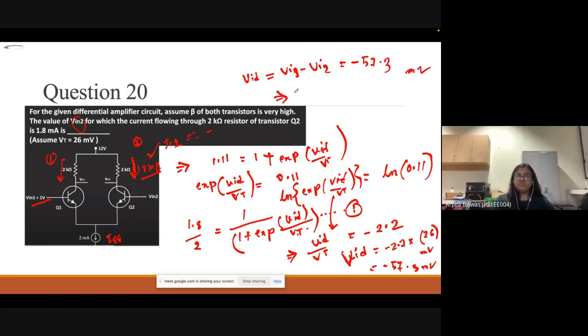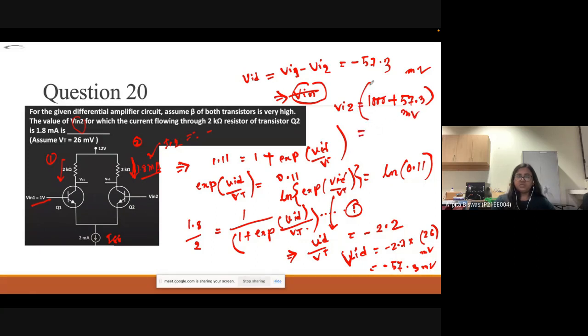Then this is V input 1, value is given, which is 1 volt. So we can write, if you're moving this to this side, V input 2, then this is 1 volt equal to 1000 millivolt, and this will move towards this side, plus 57.3 millivolt.